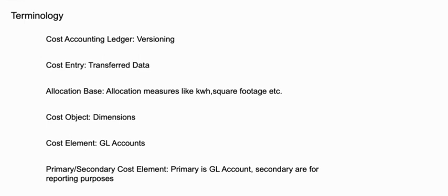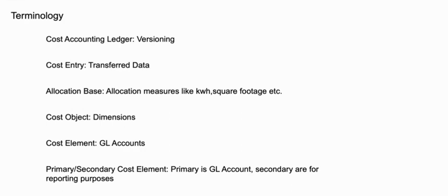And we have cost objects. When you hear in the module the object, it means dimensions. So this is very critical because we will use the object very much in the latest presentation slides. We have cost elements, and if you hear somewhere in the system element, it means the GL account. So this is also good to know.